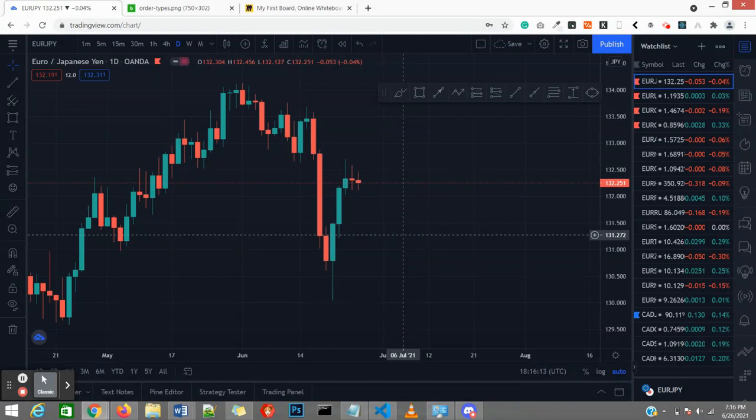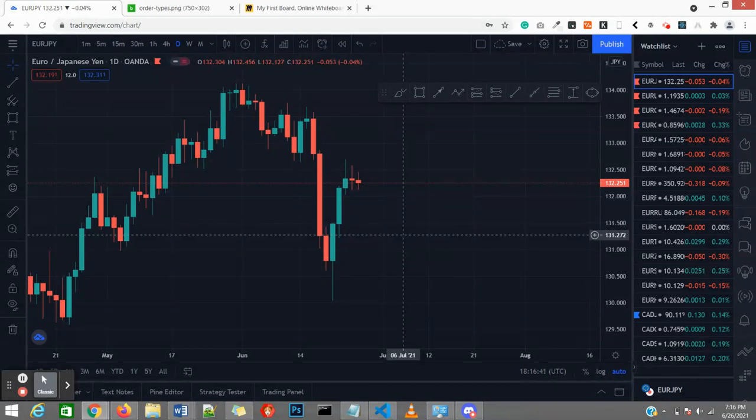Take a look at what the possibilities are that will make this a buy trade and what the possibilities are that will make this a sell trade. Whichever has a lot more confluences is what you are going to go for. If you do not understand this, you do not know how to take trades and the rest of that, make sure that you get into our advanced lessons. Pay for the advanced section and get in there and learn how to slay the market and make money as well.